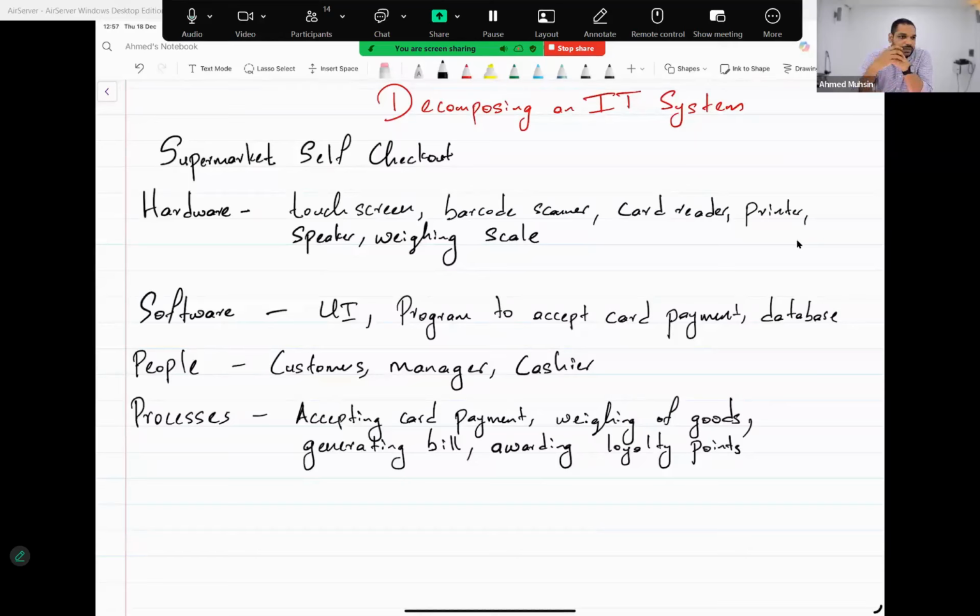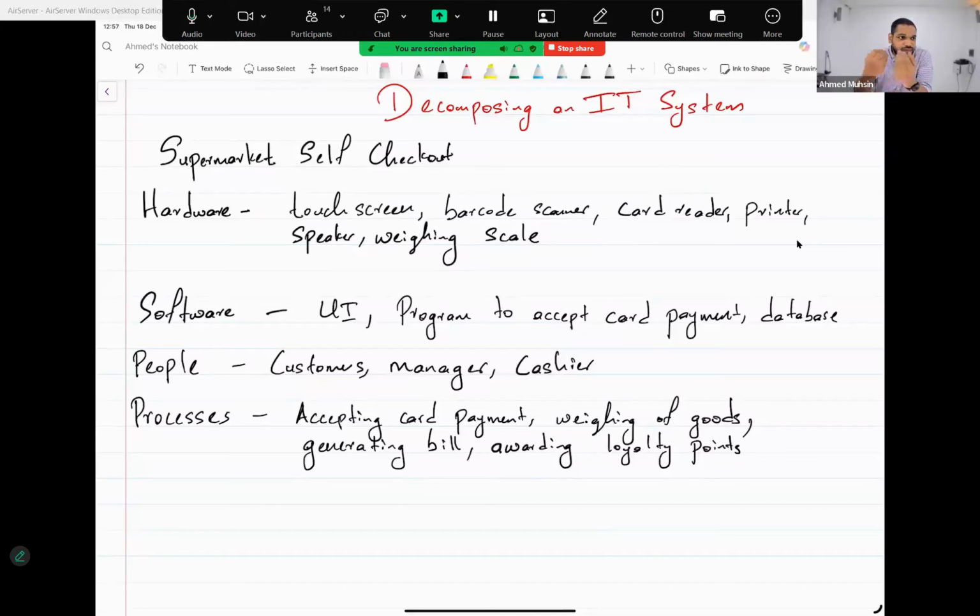Boys, girls, everyone, I'm going to move away from here. When it comes to decomposing a system, the points that you identify under processes and the points that I identify could be different.